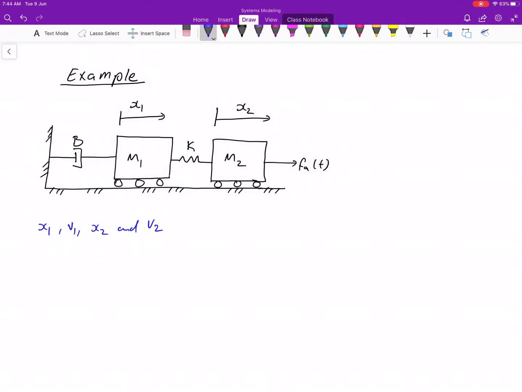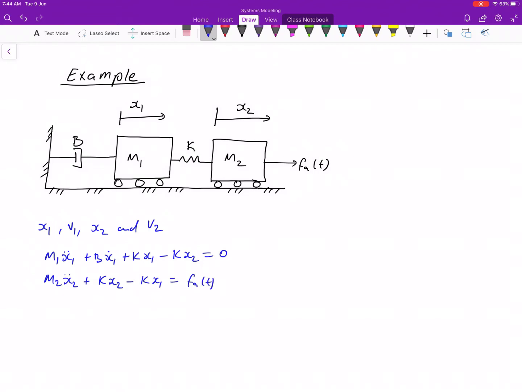Let's say we have m1 x1 double dot plus b x1 dot plus k x1 minus k x2 is equal to 0, and the second one we have m2 x2 double dot plus k x2 minus k x1 is equal to our applied force.